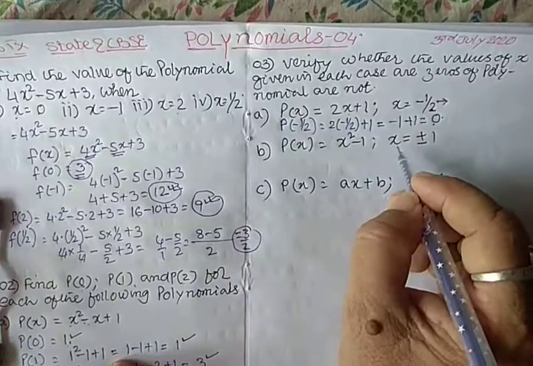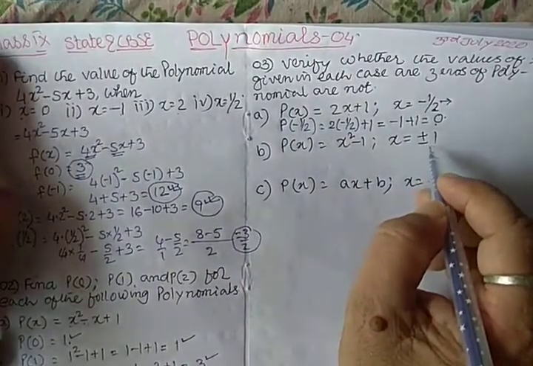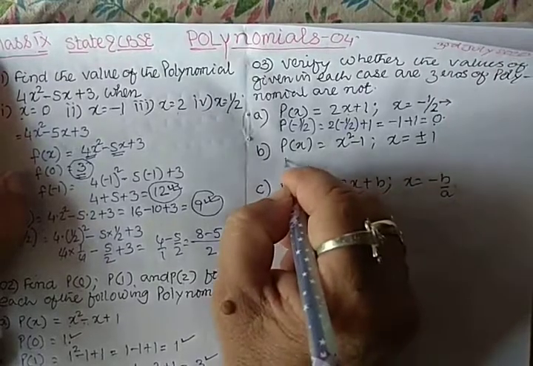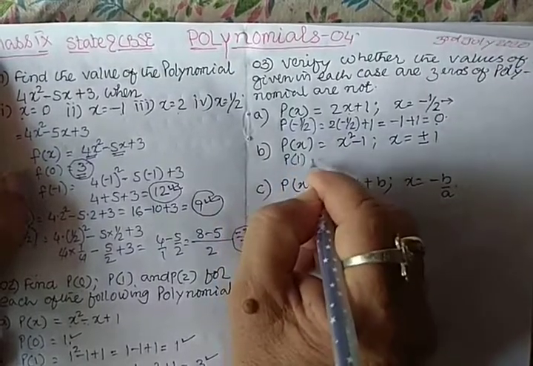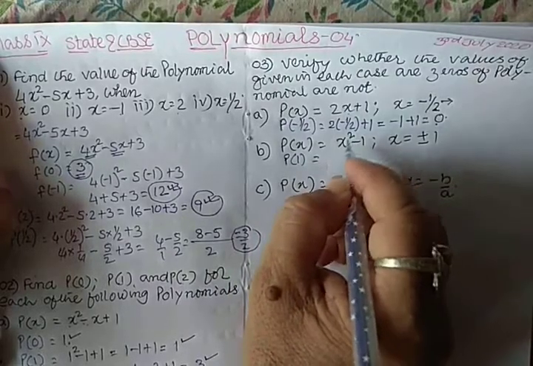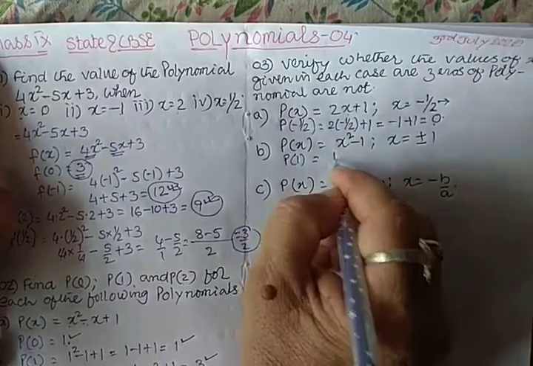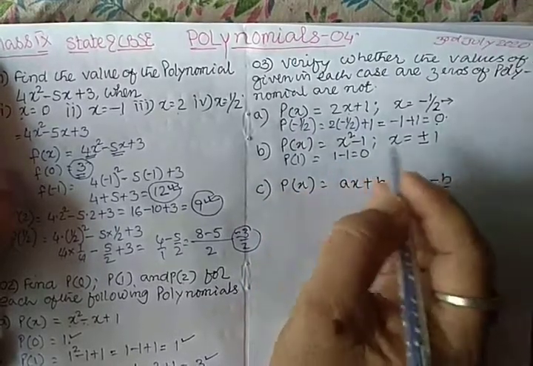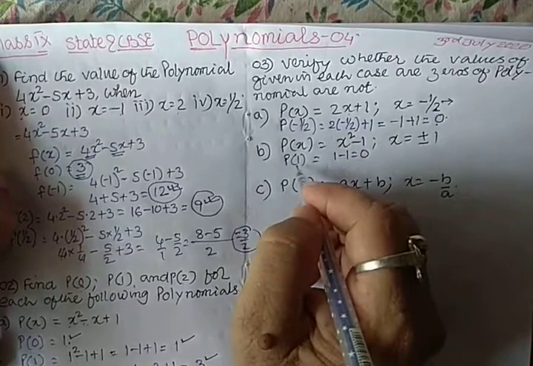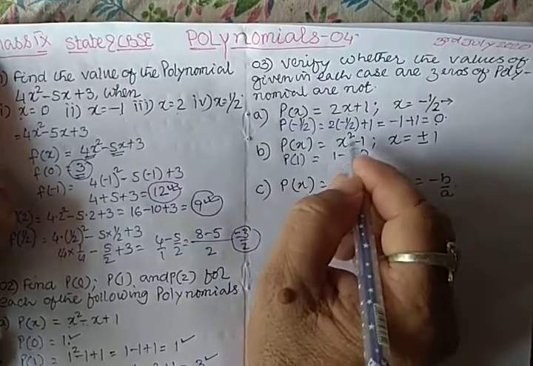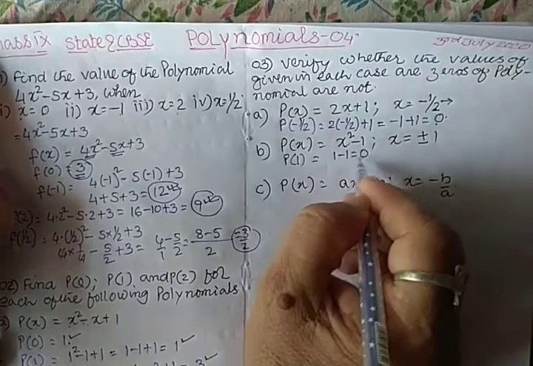So now let us see this. Two values are given, plus or minus 1. First of all, let us take plus 1. P(1) is equal to x square, 1 square plus 1 minus 1, 0. So at 1, the polynomial x square minus 1 becomes 0.